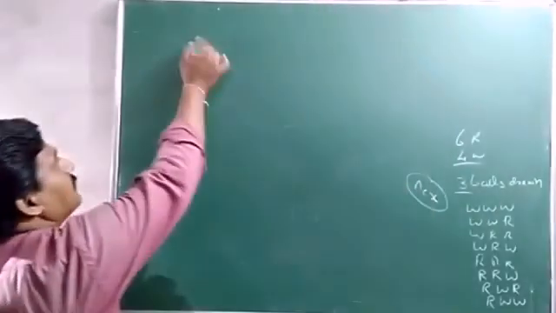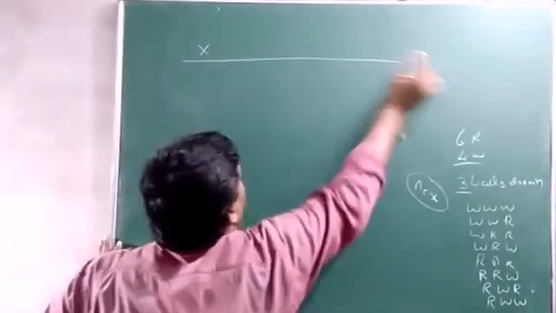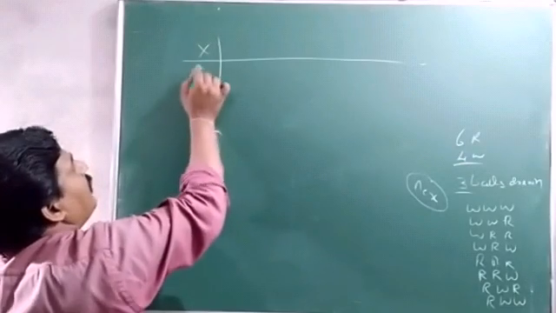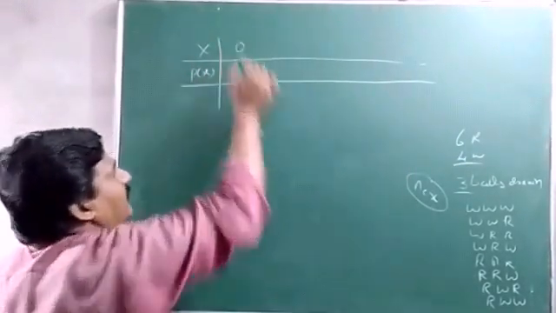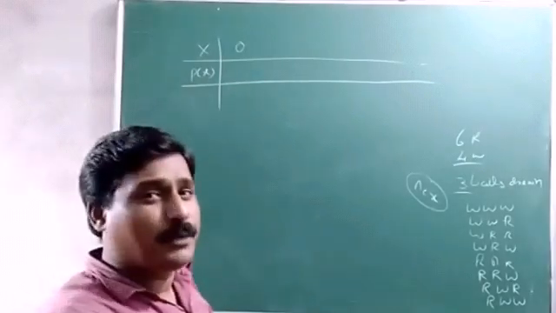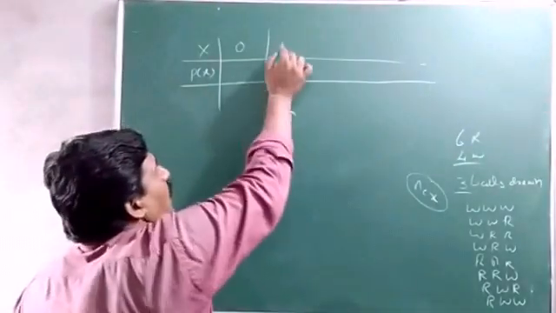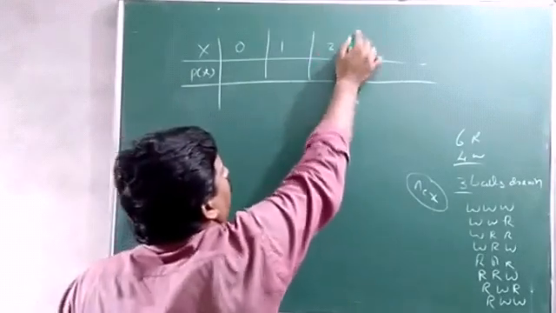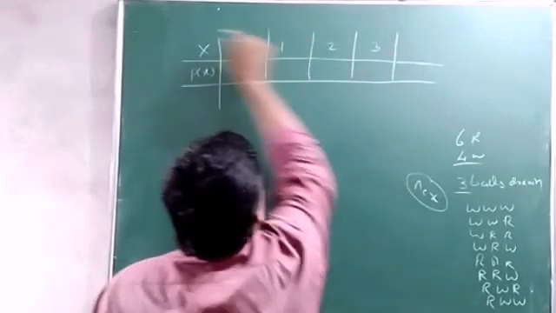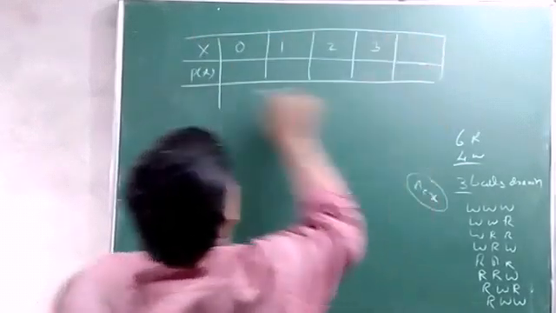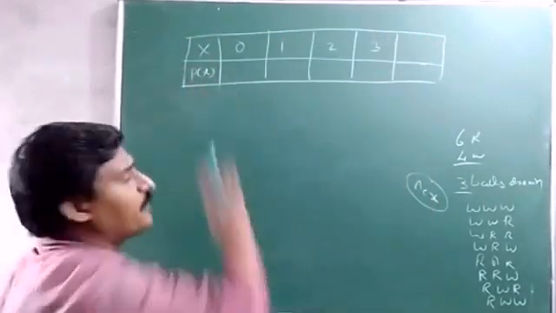So I will write x, p of x: first 0 white ball, 1 white ball, 2 white balls, and maximum 3 white balls, as we are drawing 3 balls only from the urn.